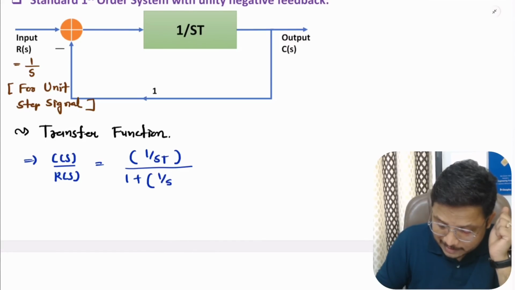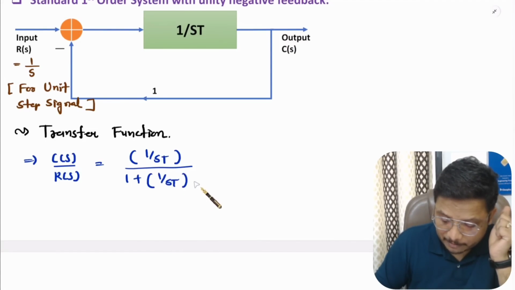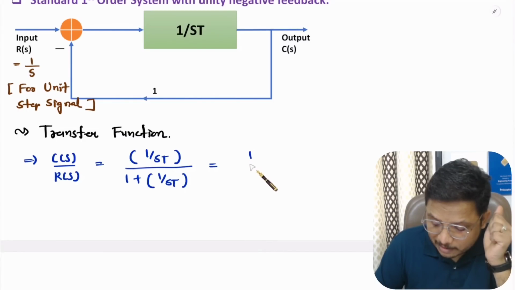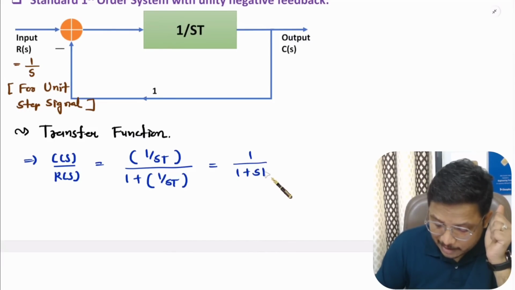Here H(s) is 1 for unity feedback. If you take the LCM of sT, then in the numerator we will have 1 and in the denominator we will have 1 plus sT, and this sT gets cancelled from the numerator and denominator.